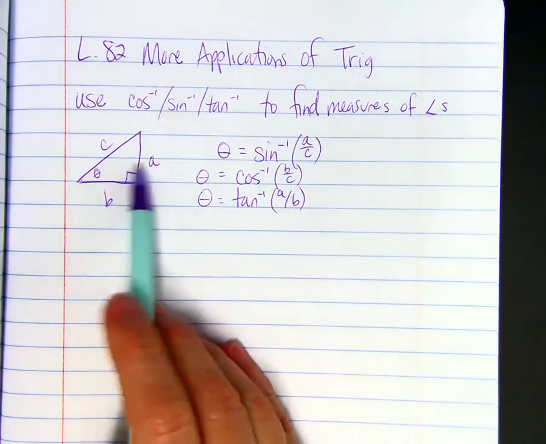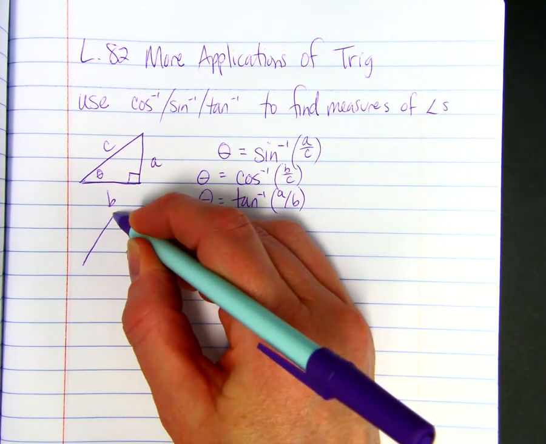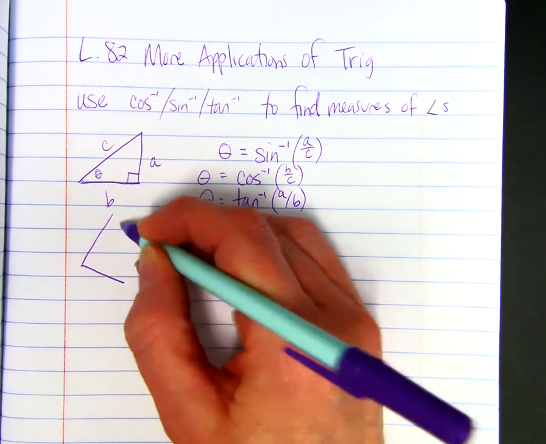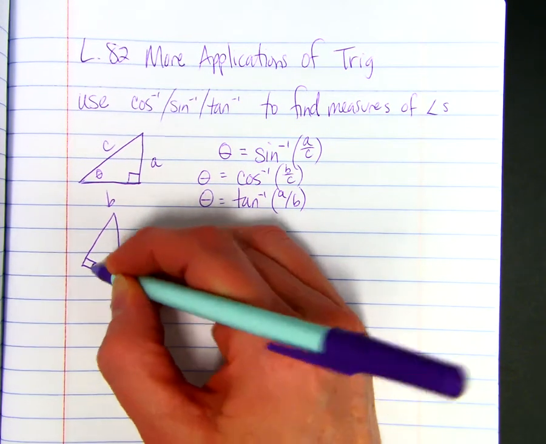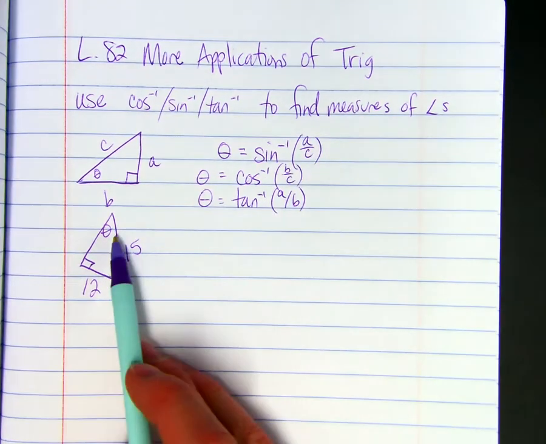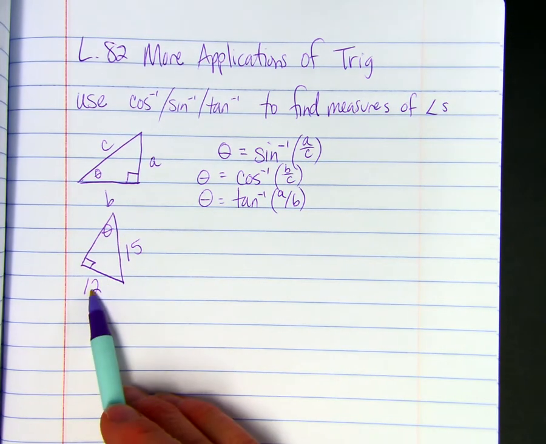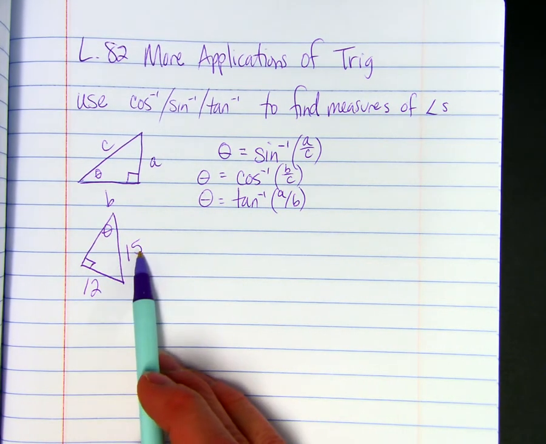Yeah, let me give you an example using a right triangle. Here's my right triangle. If you want to find theta, you have the opposite and the hypotenuse.